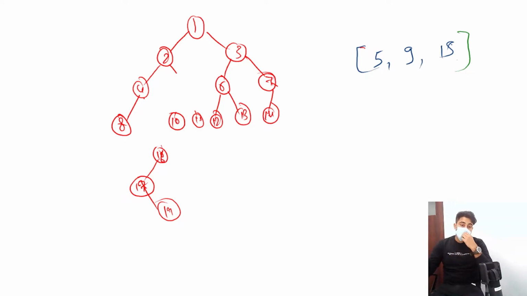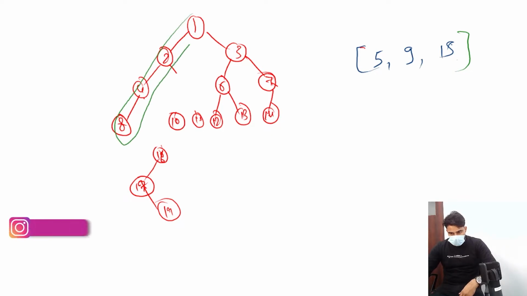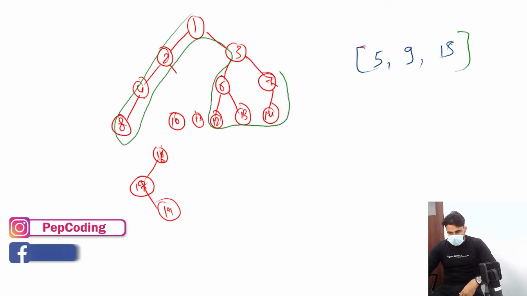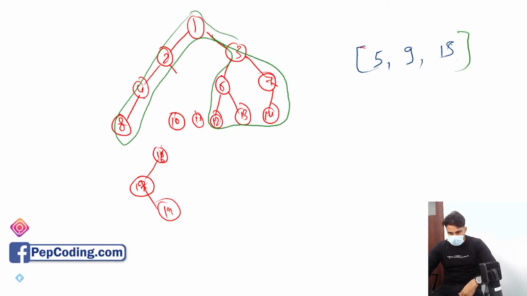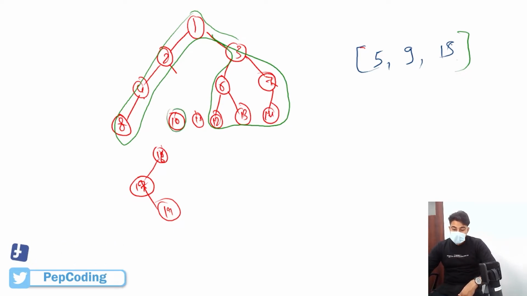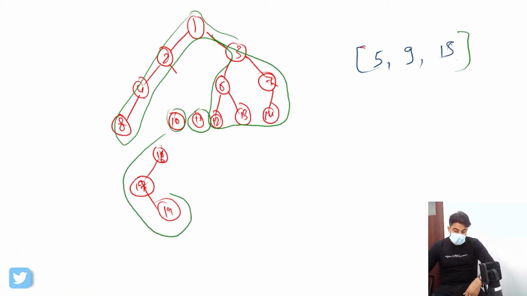Here you can see that this is one binary tree, this is another binary tree, this is one binary tree, and this is one binary tree. Why are these separate trees? Just because we have deleted some nodes, and after deleting the nodes this becomes a different tree.